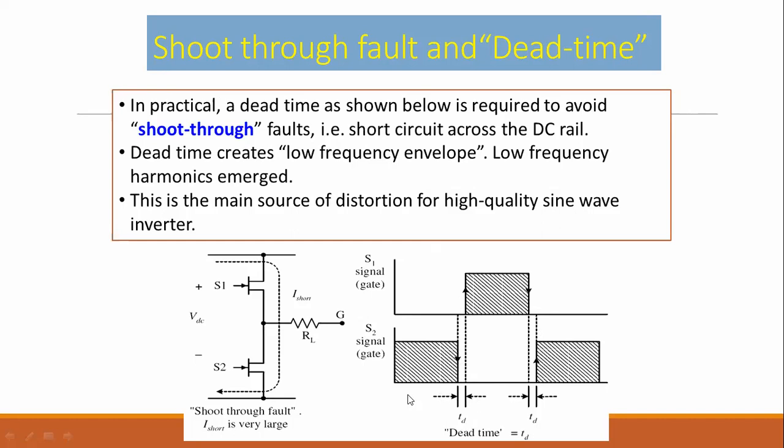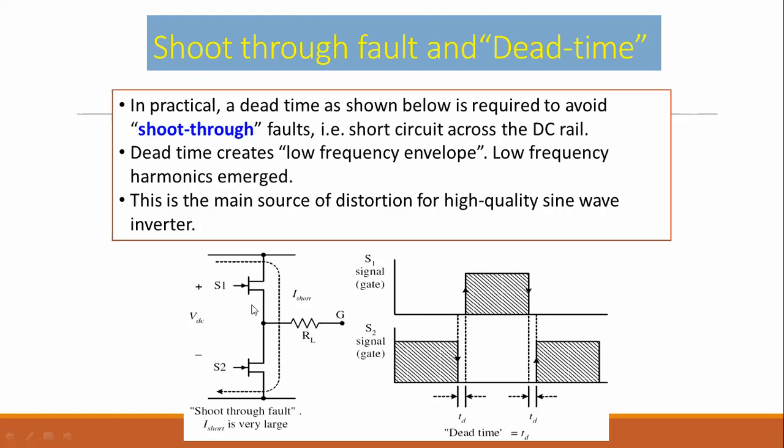In order to avoid this, we have to provide specified gate pulses at specified times, so that the case that both the switches are on at the same time does not appear. We have to be very careful in this matter, so that both the thyristors are not turned on at the same time.